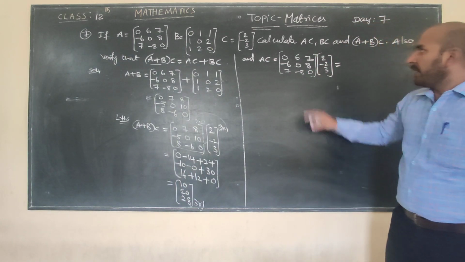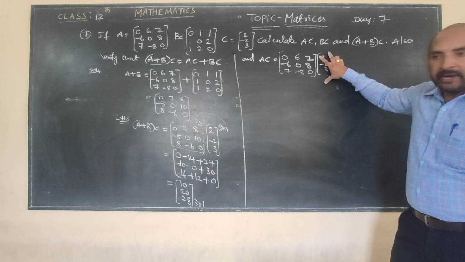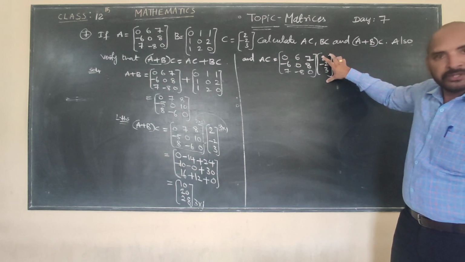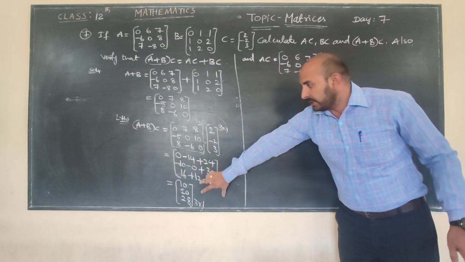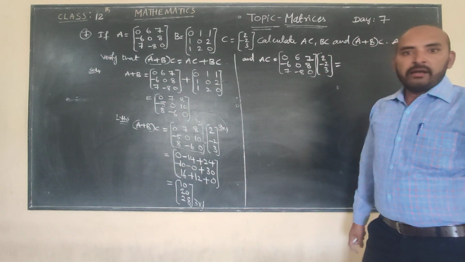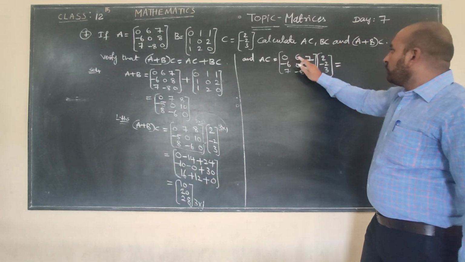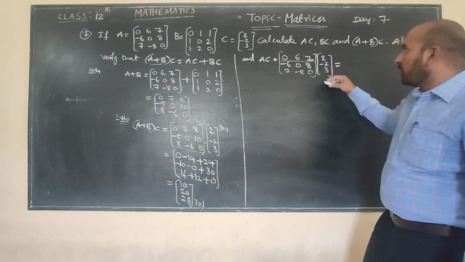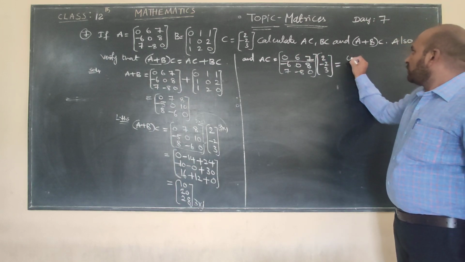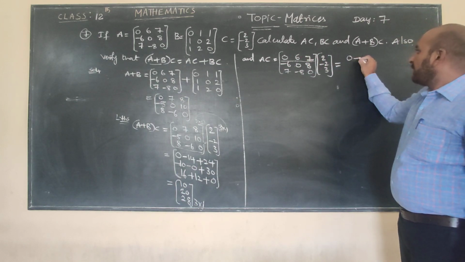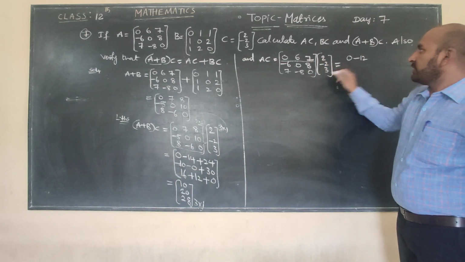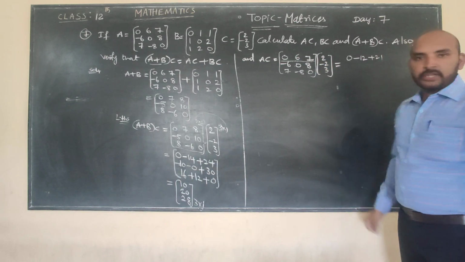The product of these two matrices, the capital A matrix, a 3 by 3 matrix, and the C matrix, a 3 cross 1 matrix, you will definitely get 3 cross 1, 3 rows and 1 column. First row multiplied with the first column: 0 into 2 is 0, plus into minus, minus 6 twos are 12, plus 7 threes are 21.